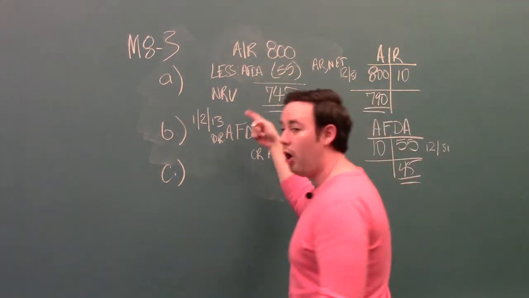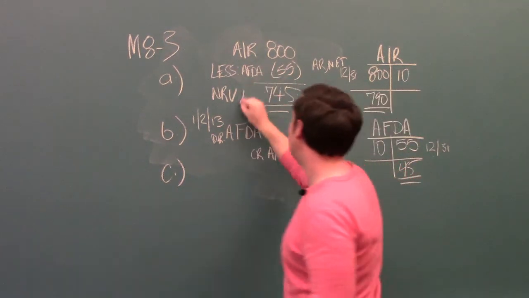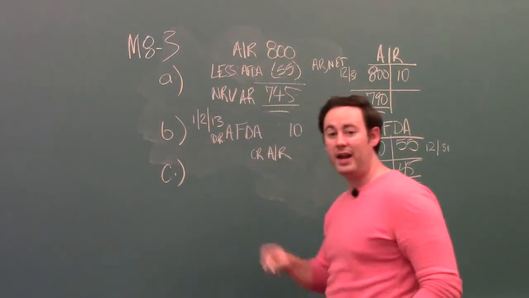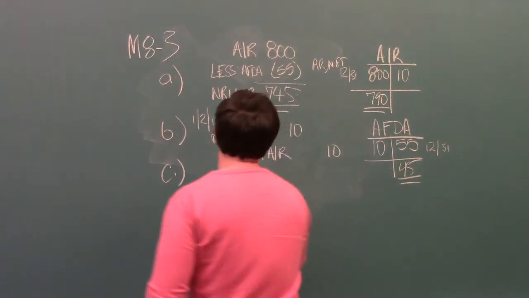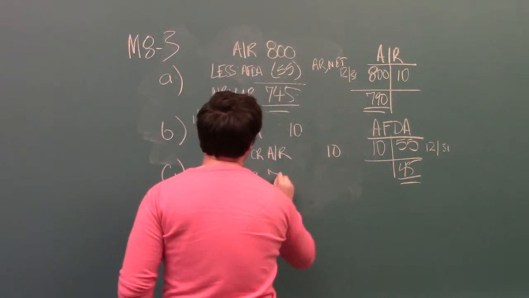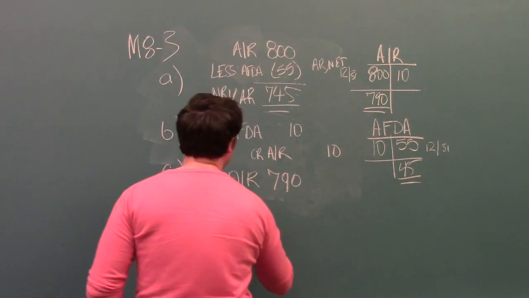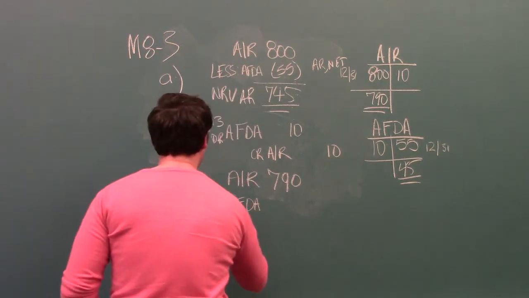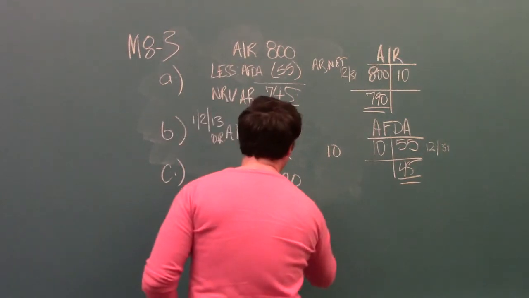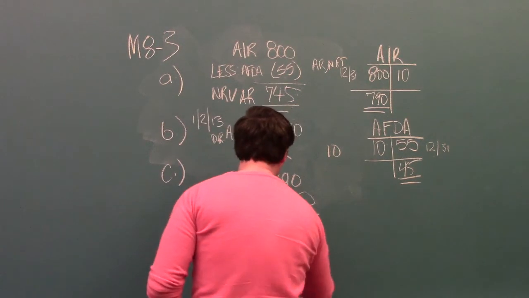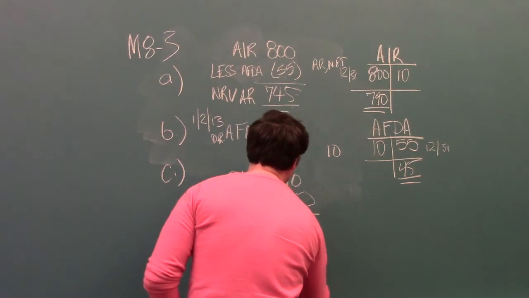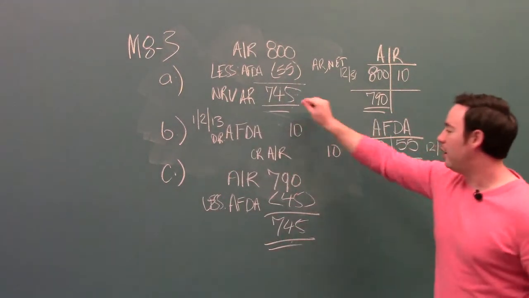Well, if we simply do our net realizable value calculation again, we simply get AR at 790, and we get allowance for doubtful accounts. Remember, we're subtracting this, so I'll put less over here, 45,000. We should get 745,000 again, right? As our net realizable value.